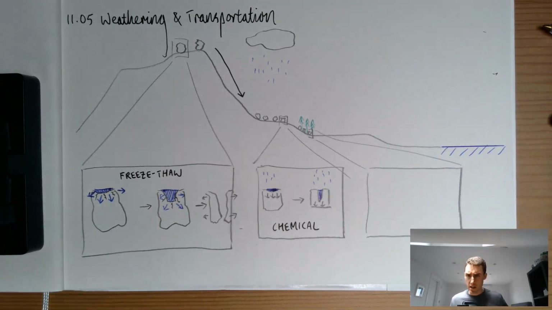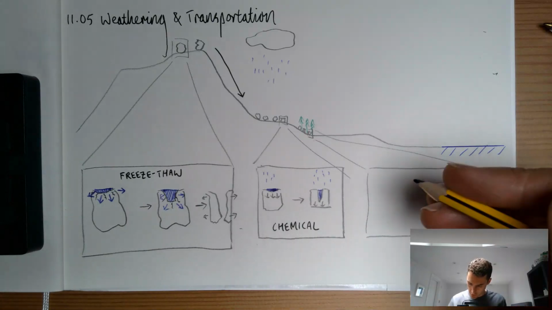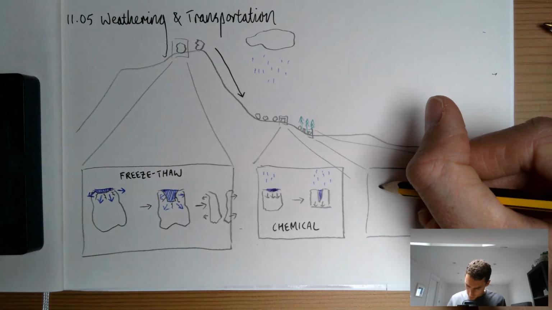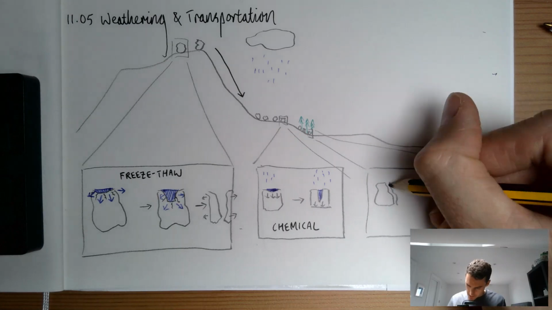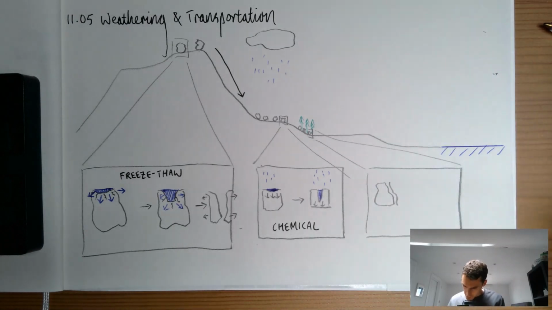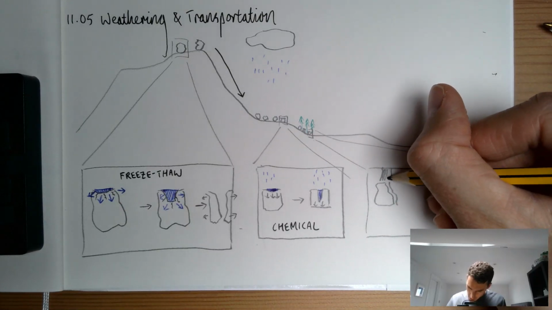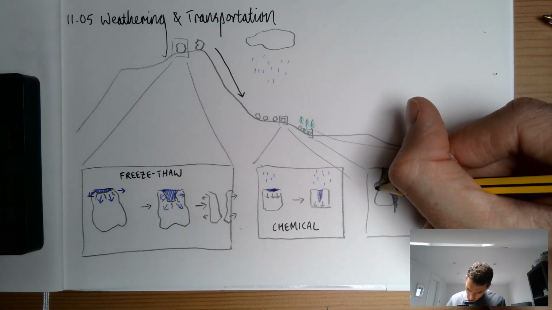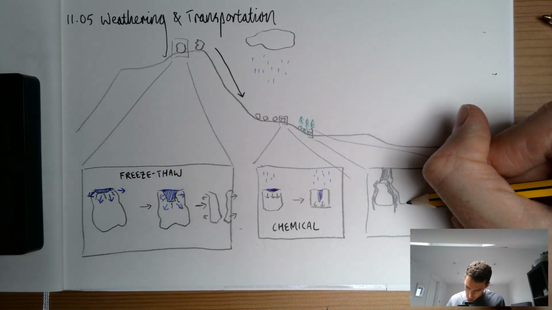So what you get down here is where if you've got cracks from freeze-thaw or chemical weathering, or maybe small cracks, then the roots start to grow through small cracks like this, and they can make those cracks wider. So if I draw a tree coming up like this, then its roots start to go down like this.